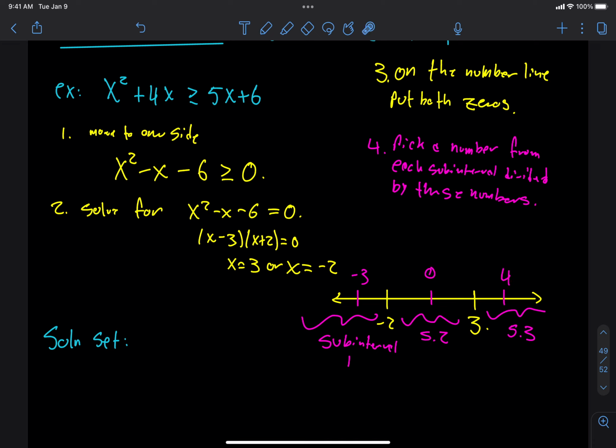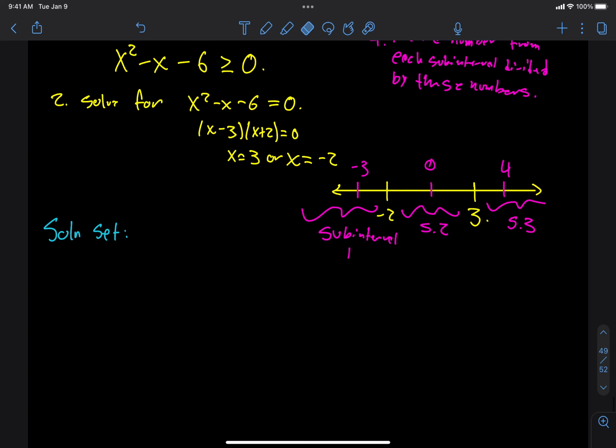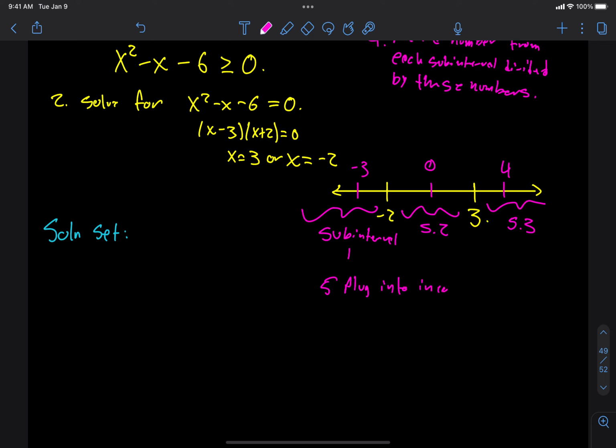Here's why I like to pick numbers which are whole numbers and relatively small in absolute value. What we're going to do with each of these numbers is plug in to our inequality here and see if it's true or not. So here's what it looks like. So next, step 5 is to plug into inequality.